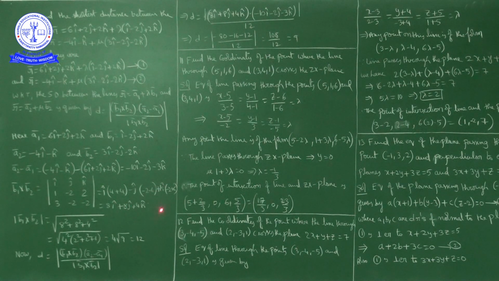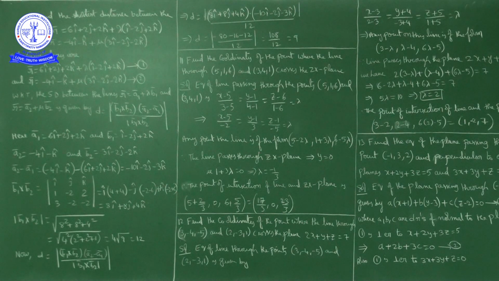Plus k cap into first row third column closed: 1 into minus 2 is minus 2, minus 3 into minus 2 is plus 6. So minus 2 plus 6 is 4 k cap. So B1 bar cross B2 bar is 8i cap plus 8j cap plus 4k cap.